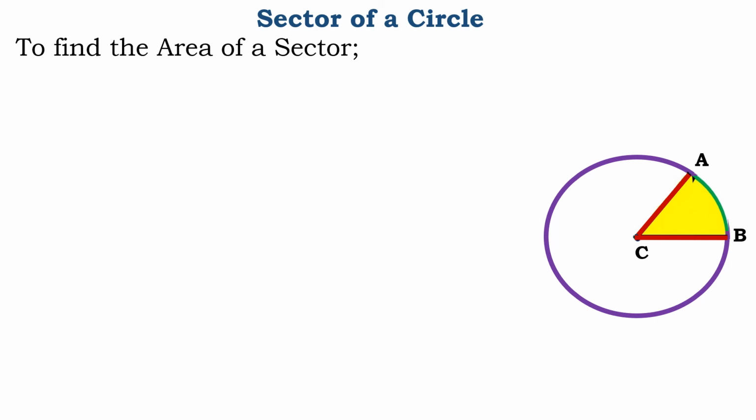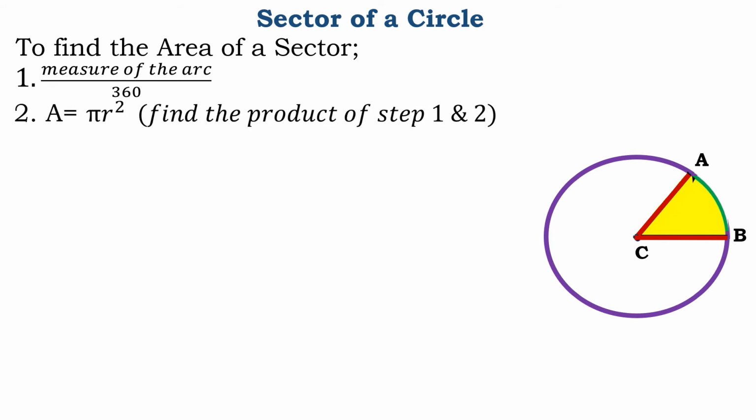To find the area of a sector, the first step is to determine the ratio of the measure of the arc and 360, or get the measure of the arc and divide it by 360. Second step, find the area of the circle. The formula for finding the area of the circle is pi times the square of the radius.